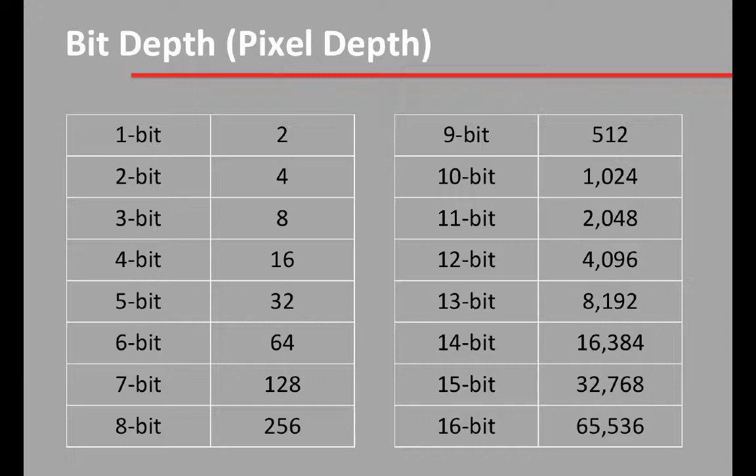In an 8-bit RGB file, that's usually 8-bit per channel. So 8 bits for the red, green, and then blue.